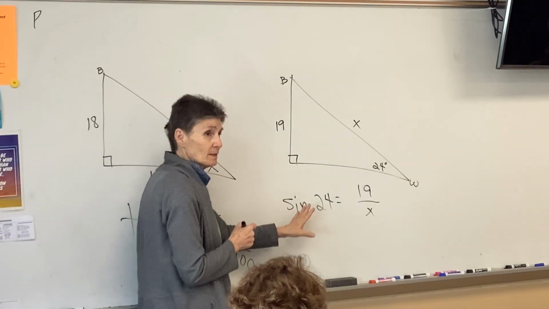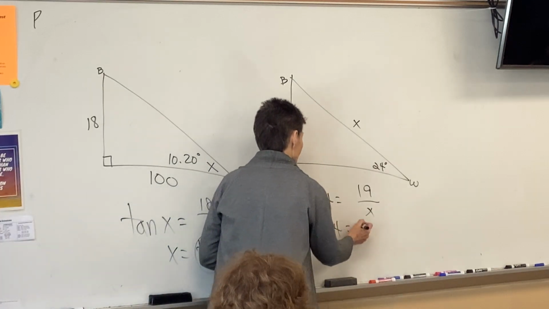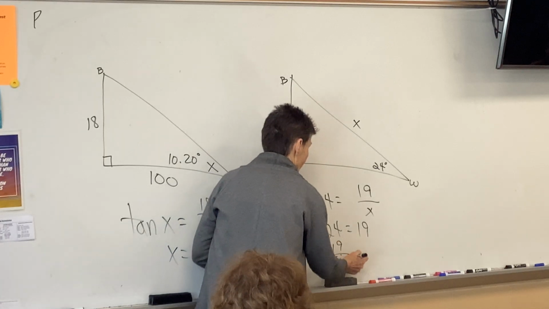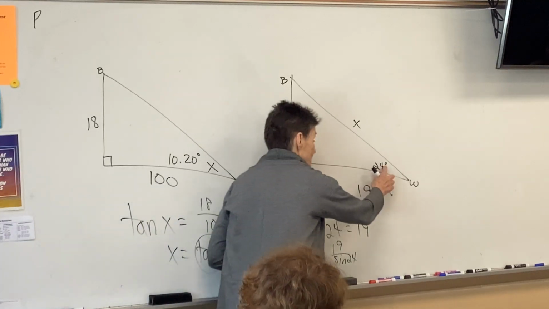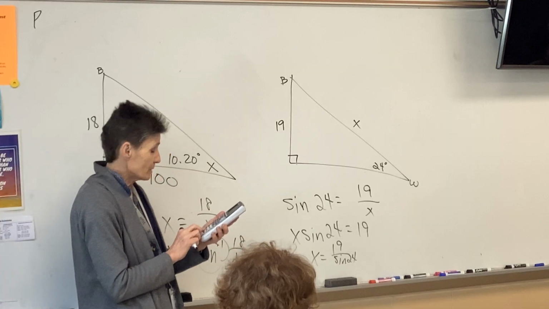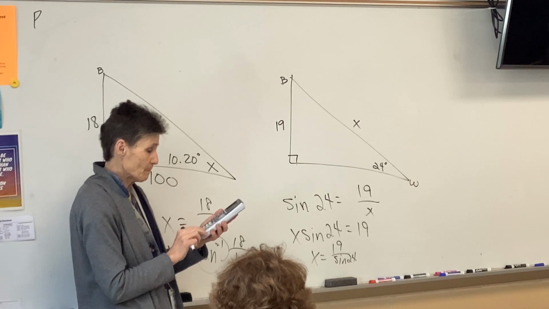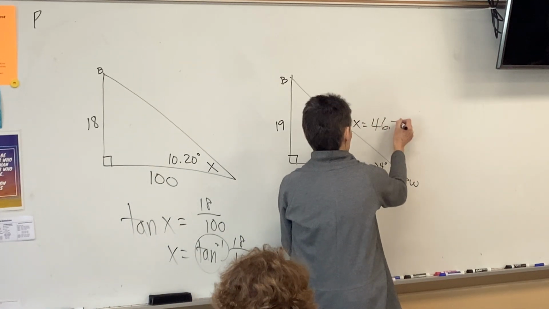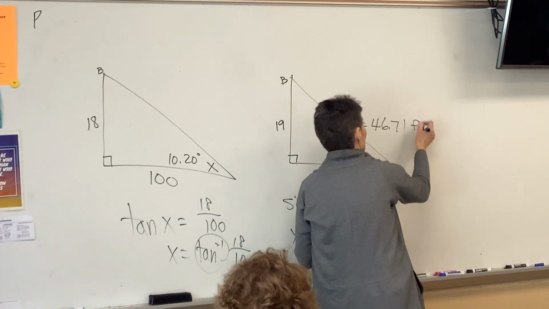So I'm going to use my regular sine button, but I'm going to multiply by X and divide by sine. Now, remember, that's a degree, so we do need to be in degrees. So 19 divided by sine 24. I got 46.71 feet. Did you?